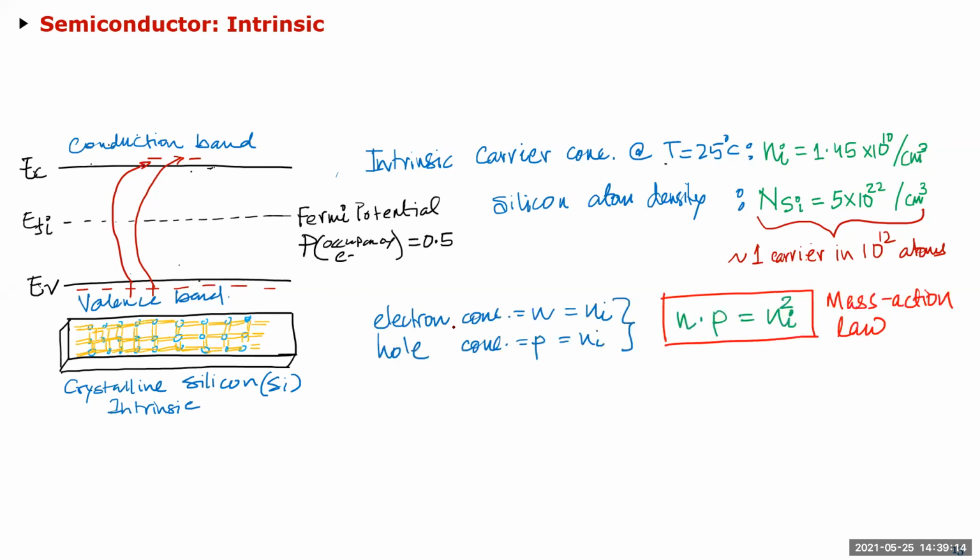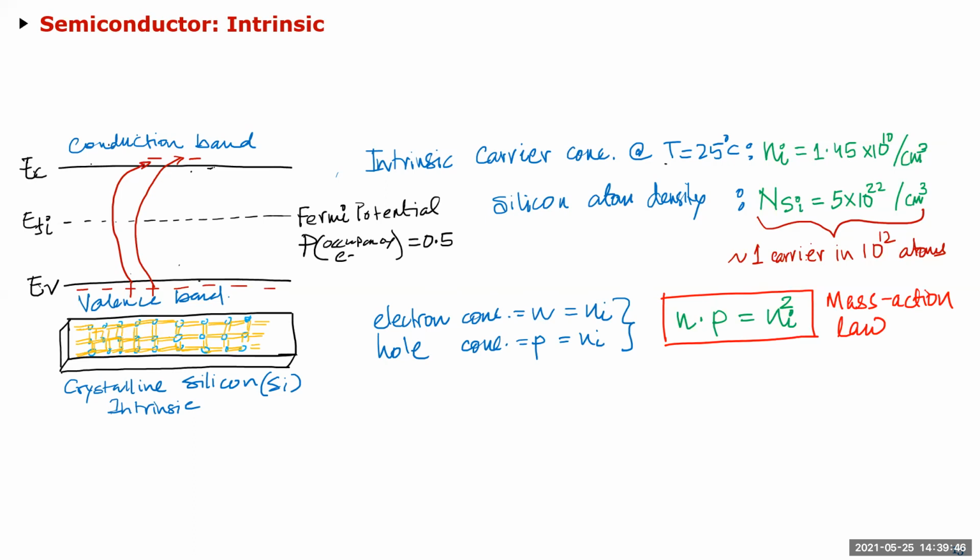So the electron concentration, the N type, is what's called the intrinsic concentration, which I just showed you on top is 1.45 times 10 to the power 10. The hole concentration is also the same, because every time an electron goes into the conduction band, it leaves one behind. And there is a law called the mass action law, which, if the semiconductor is not degenerate, and I'll explain what degeneration means, is always valid.